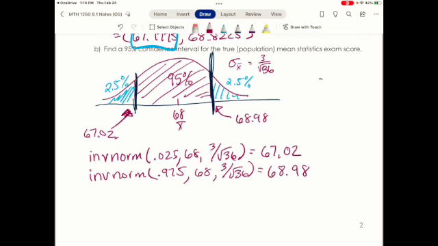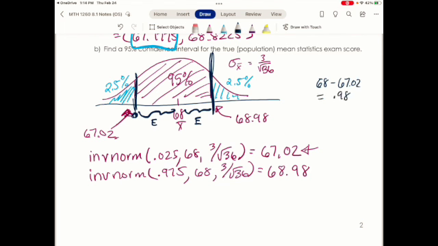The other way that we can do this is using symmetry. Once we get one value, whether it's the upper or the lower bound, we can use it to find the opposite endpoint, because we know that the difference here is going to be our error. That's going to give us our wiggle room that makes our confidence interval. So if I know that this value right here is 67.02, I can find the difference between 68 and 67.02.